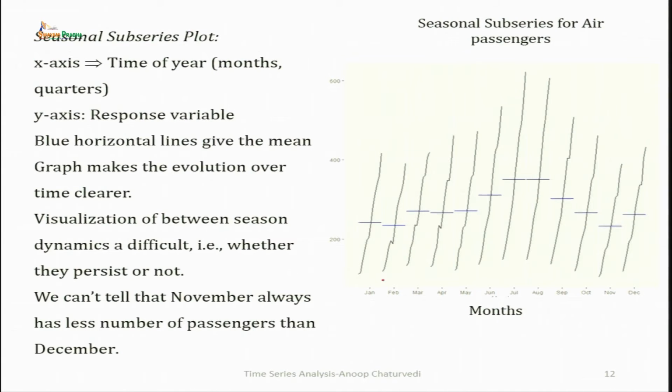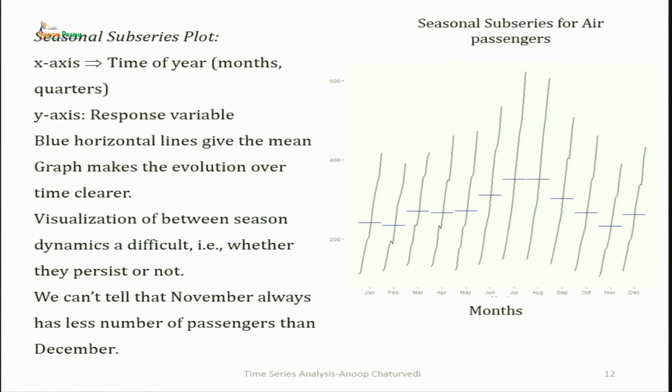This is the mean of the time series for February, and so on. Now, just by looking at these means, you can easily visualize the pattern of seasonality. From here to here, you observe periodicity.